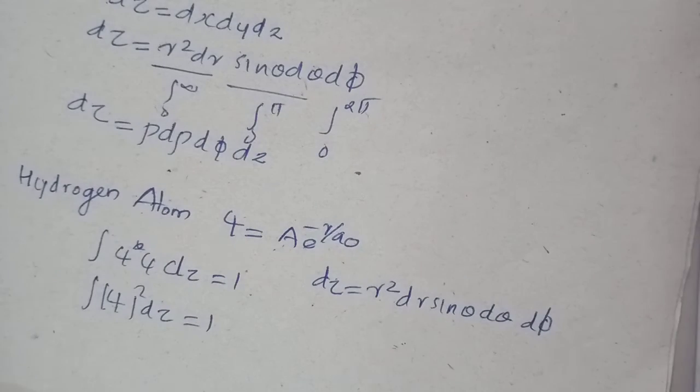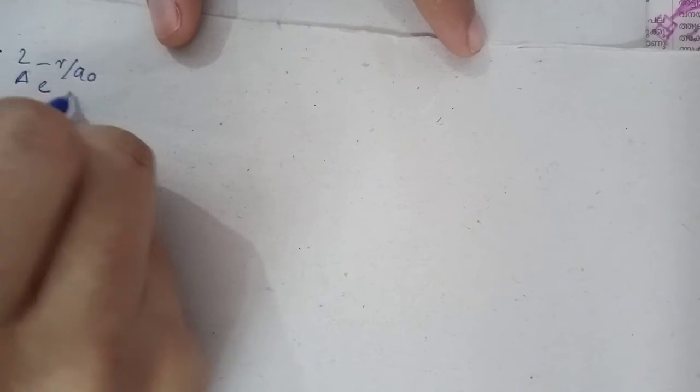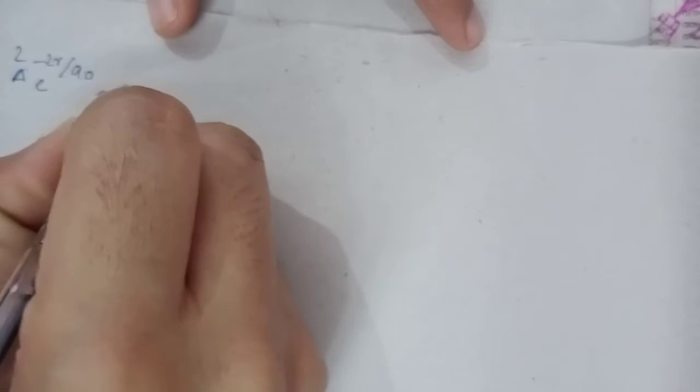So we have to integrate this expression. The wave function is a e raised to minus r by a naught, so psi star psi is a squared e raised to minus 2r by a naught.